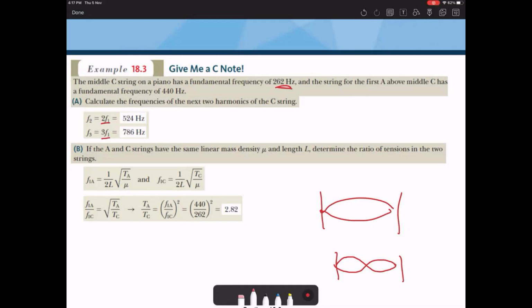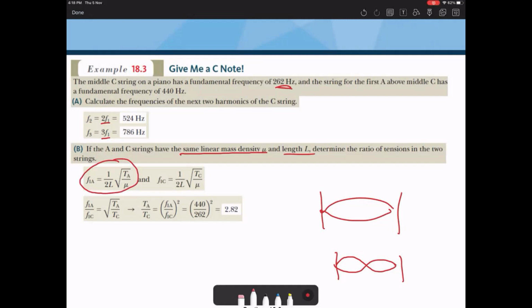And if you are generating the harmonics with the same string but varying the tension, you expect the same linear mass density and the same length. The fundamental frequency would be given by the equation in full like that. So by varying the tension in the string, you could obtain a note of different frequency.